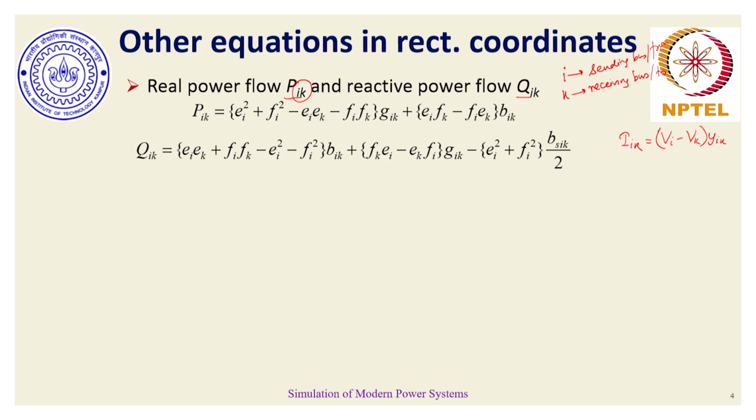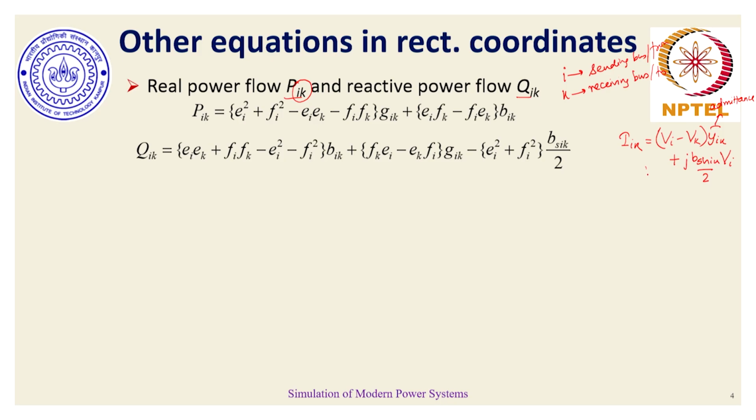The small yik indicates the actual line admittance based on the nominal pi modeling of the line, plus half line charging susceptance multiplied by the corresponding node voltage phasor.